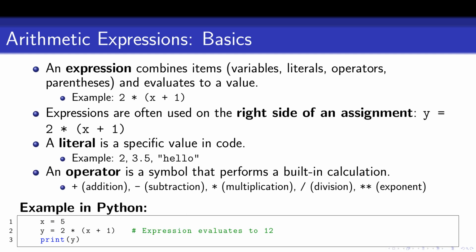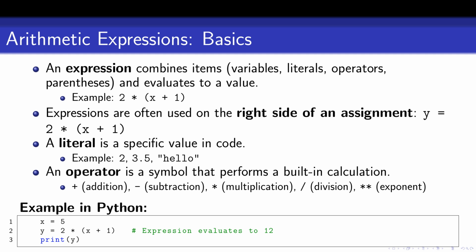Arithmetic expressions form the core of many Python programs. An expression is a combination of items, such as variables, literals, operators, and parentheses, that evaluates to a value. For example, 2 times the sum of x plus 1 will compute differently depending on the value stored in x. Expressions are commonly placed on the right-hand side of assignment statements, so when we say y equals 2 times the sum of x plus 1, Python first evaluates the expression and then assigns the result to y.